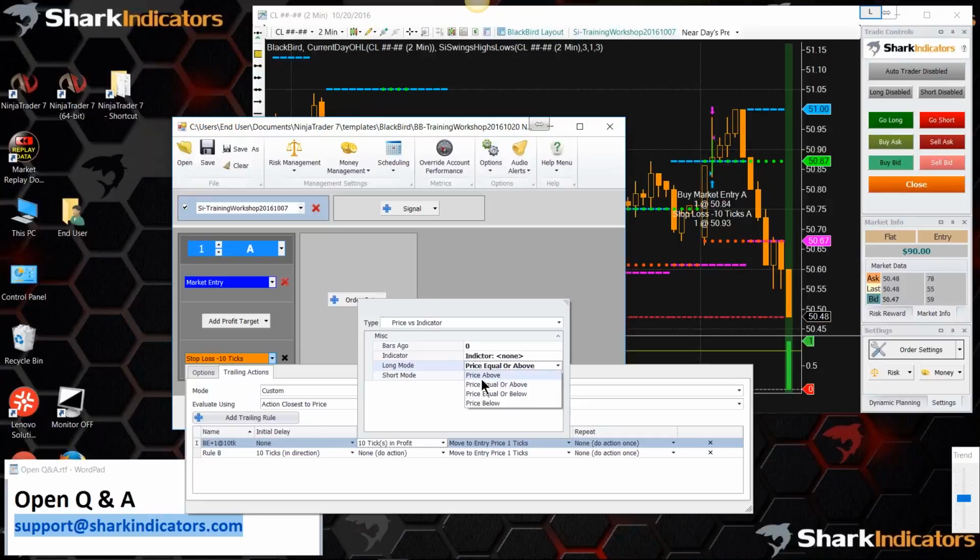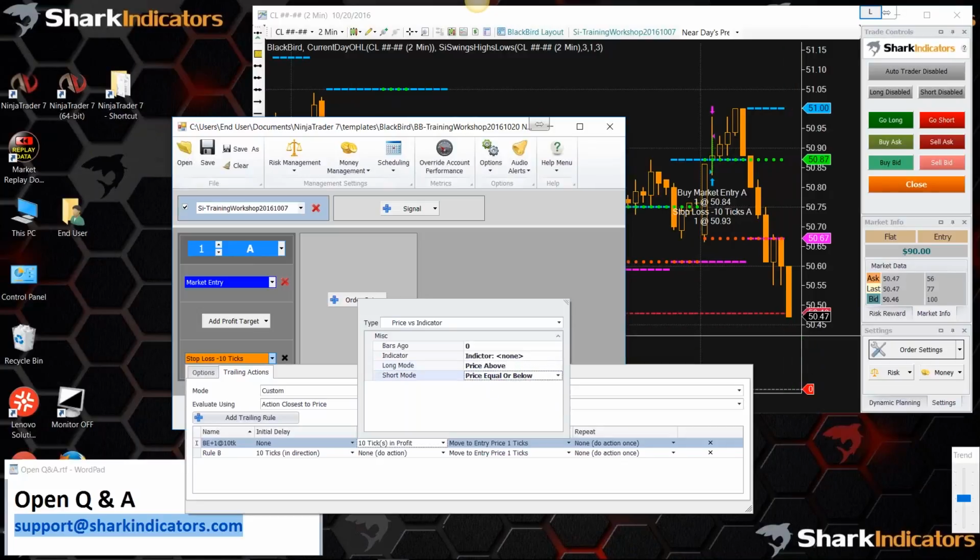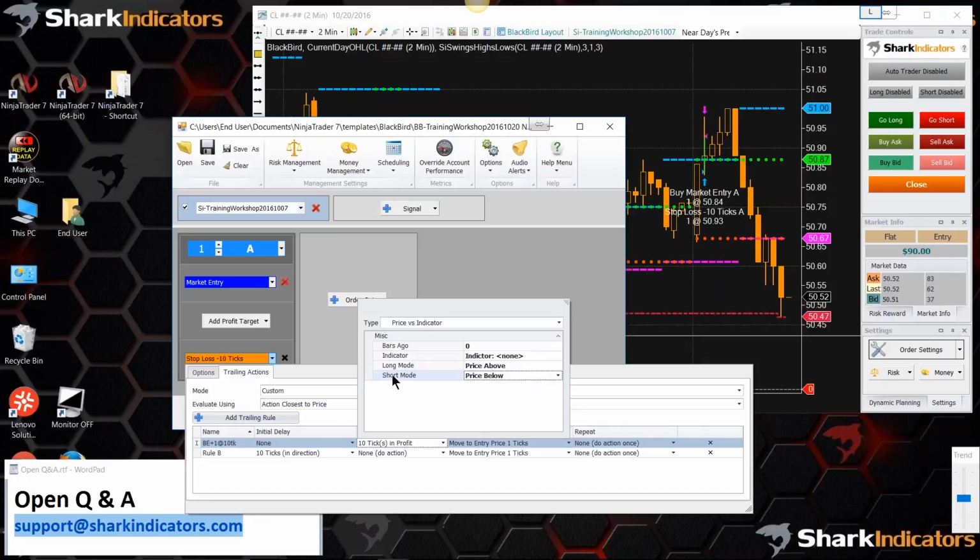Are we looking for price to be above the moving average for a long trade, or price to be below the moving average when we're in a short trade situation, and that could be our triggering event.